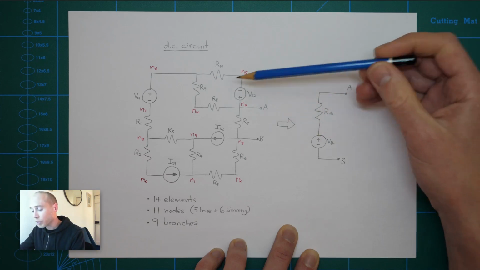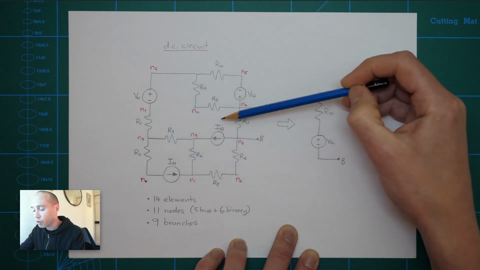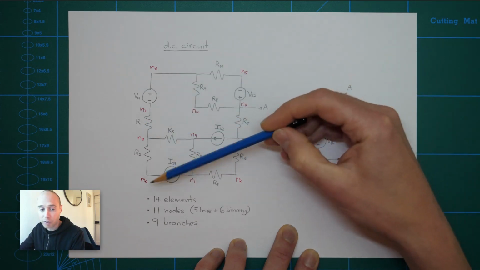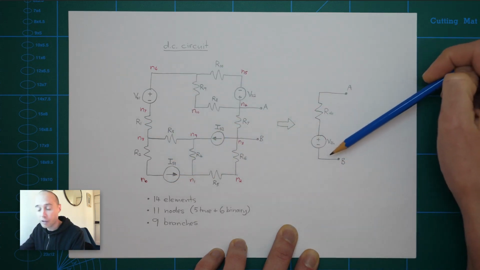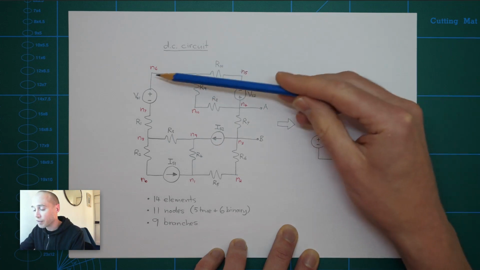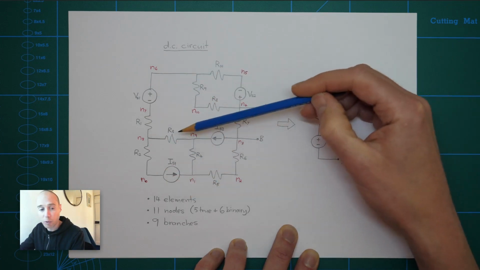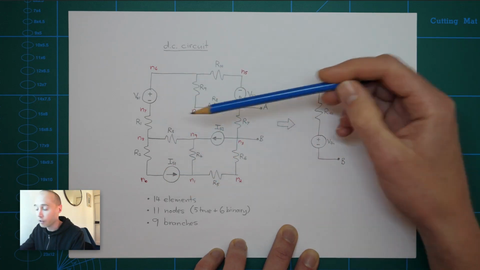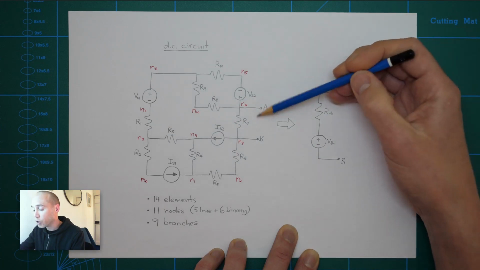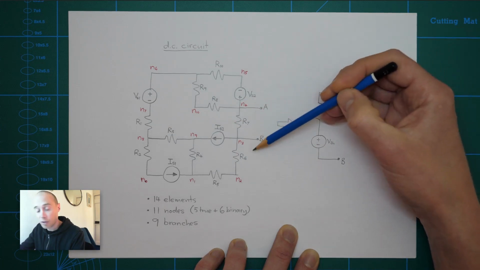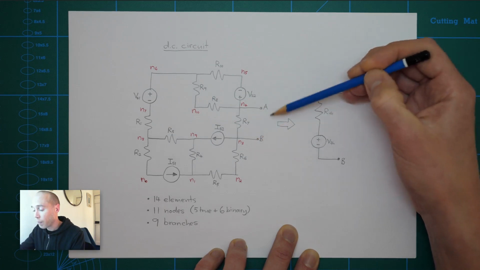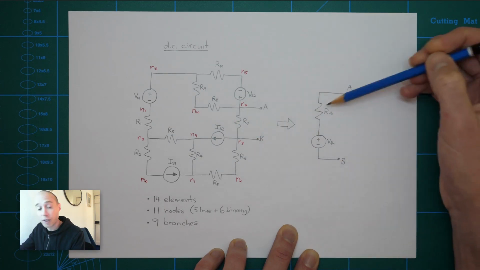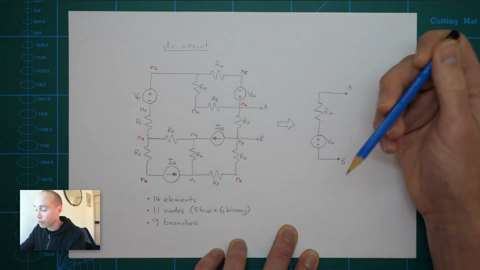Now, of course, there's a lot of stuff happening at the individual nodes and branches inside the circuit here, which is not being reproduced here. So if the observer has access to those things, clearly there's a big difference electrically between what's happening here and what's happening here. But just from the perspective of these terminals A, B, if that's all you have access to, you might as well have this rather than this whole circuit here.